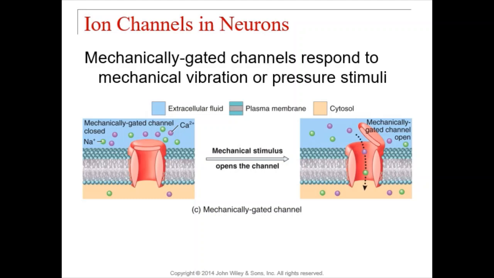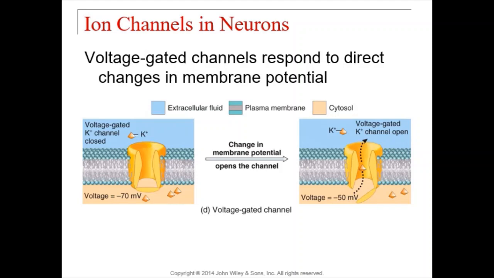These will open if you apply some type of mechanical stimulus. And whenever you hear the word mechanical in anatomy, think physical. So you have to do something physical to it, like maybe shake or vibrate the channel, or squeeze and apply pressure, or push it. Do something physical or mechanical to open the channel. You're dealing with a mechanically gated channel.